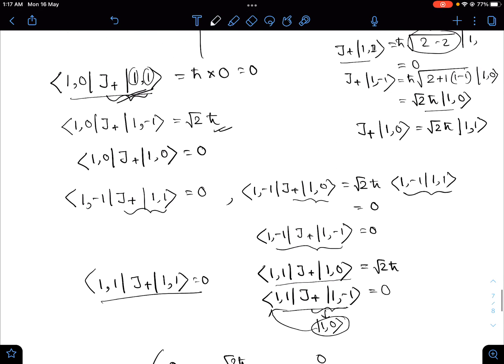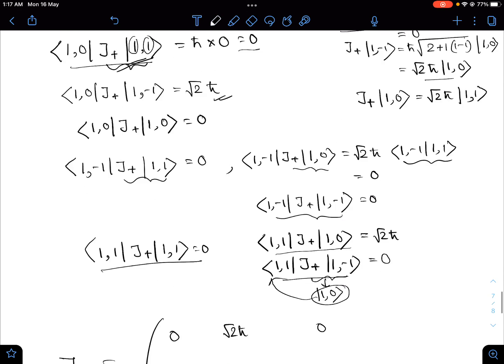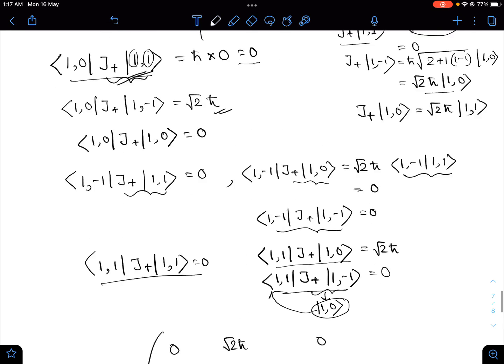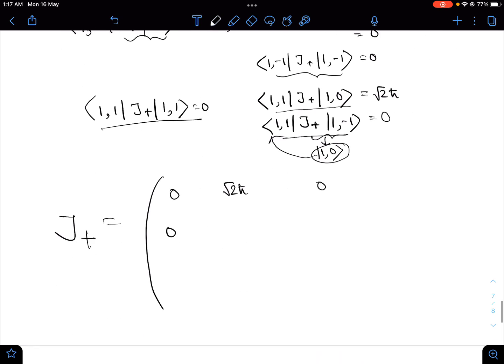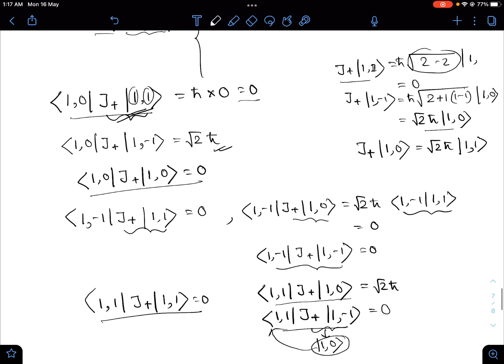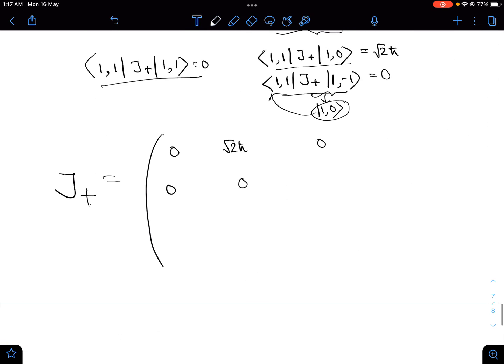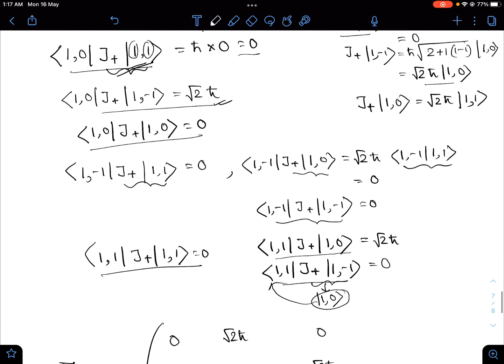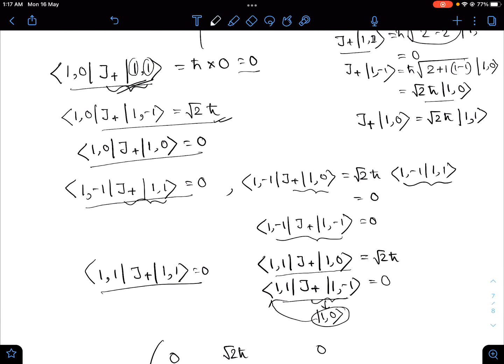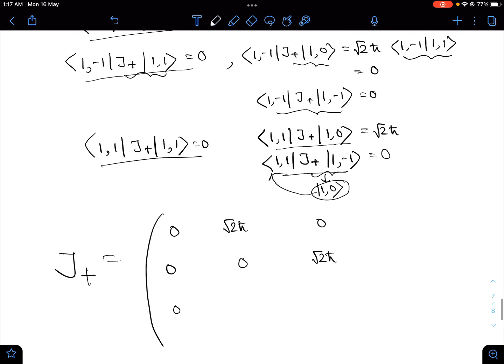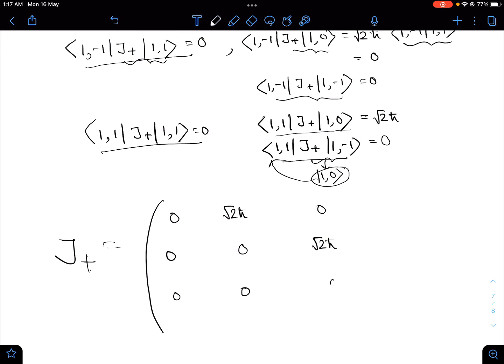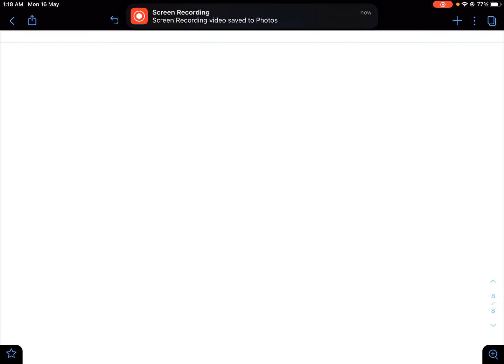Then the next row, we have 0, 0, and root 2 ħ. And the last row, <1 -1|1 1> is 0, <1 -1|1 0> is also 0, and <1 -1|1 -1> is also 0. So this is our expression for J plus.